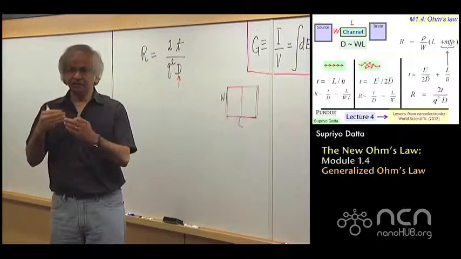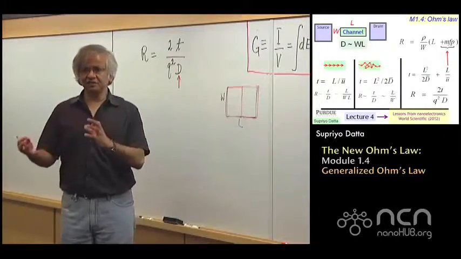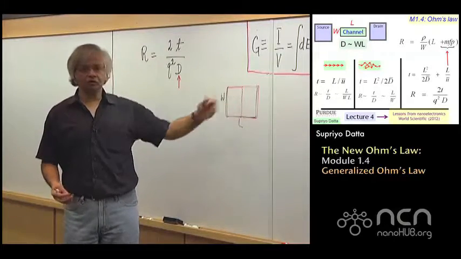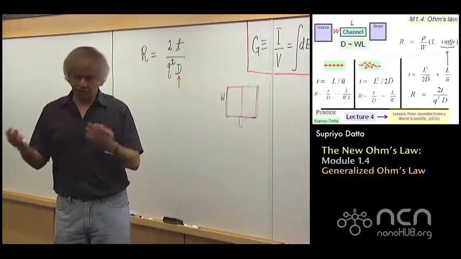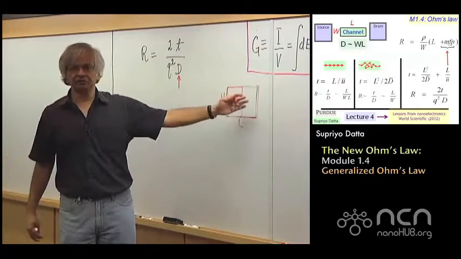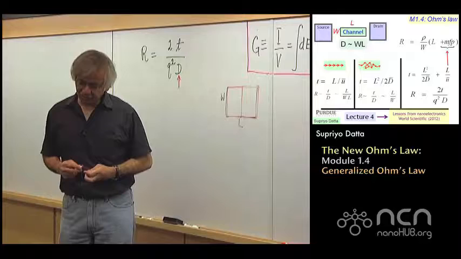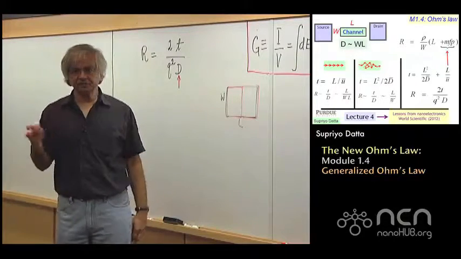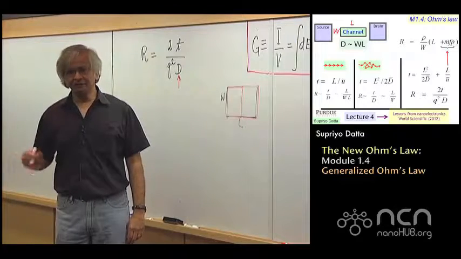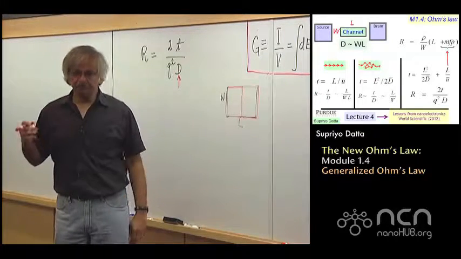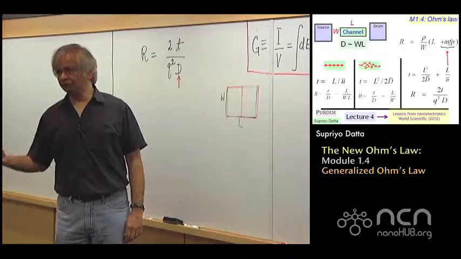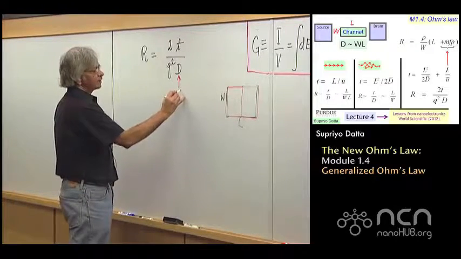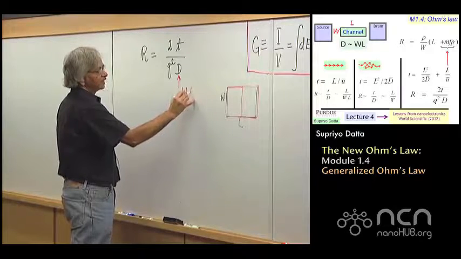So basically, the number of states, this density of states function D, just depends on the total area of that conductor, or if it was a three-dimensional thing, you'd look at the volume. In fact, that's why when we talk about big conductors, people don't just give you the density of states per unit energy, they give you the density of states per unit energy per unit volume. So this D, we expect it to depend on W times L.